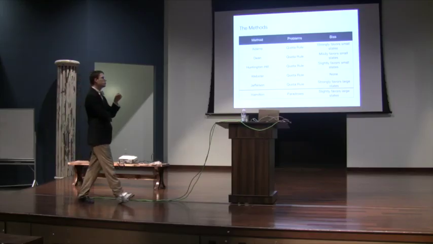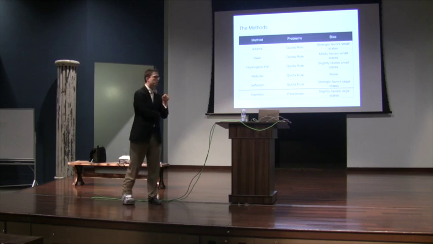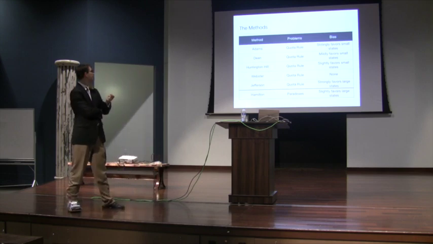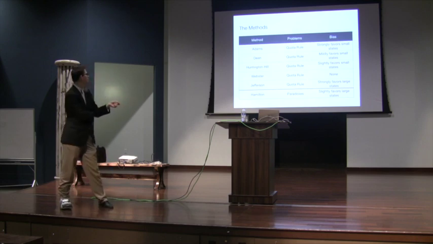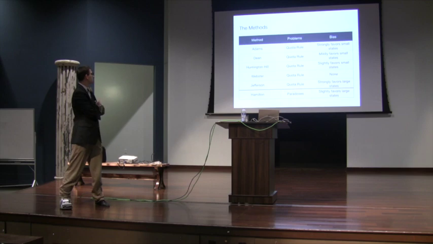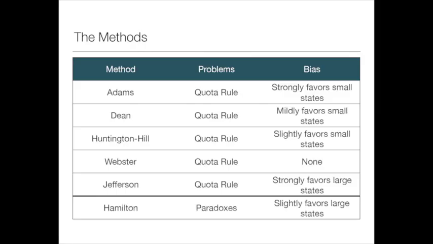But as mathematicians started trying to measure the bias, they confirmed what the Founding Fathers knew by instinct. They knew that Adams' method strongly favors small states, and that Jefferson's method strongly favors large states. But they discovered that Dean's method mildly favors small states, and Huntington-Hill, as subtle as it sounds, has a slight favor of small states in it.